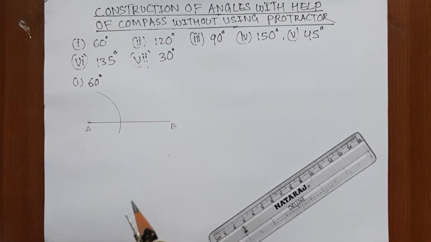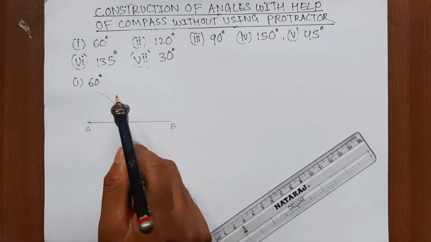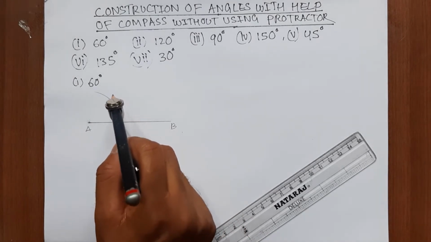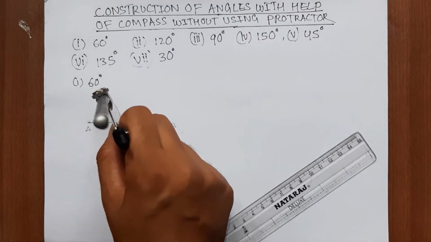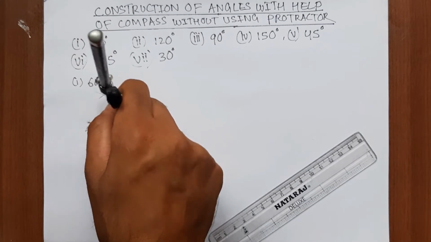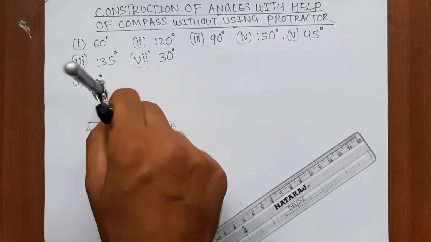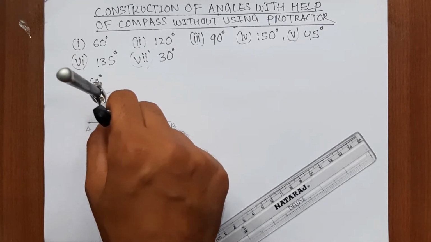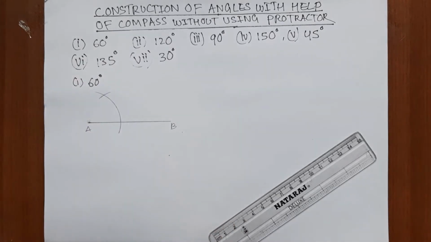Now put the pointer of this compass on this intersecting point of the previous arc and mark here. Now this arc intersects the previous arc at a point.